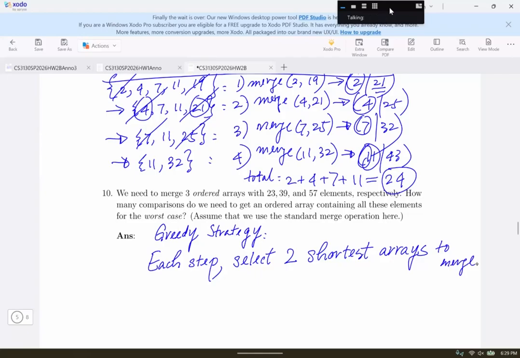That's simple. Two shortest. That's for the worst case.